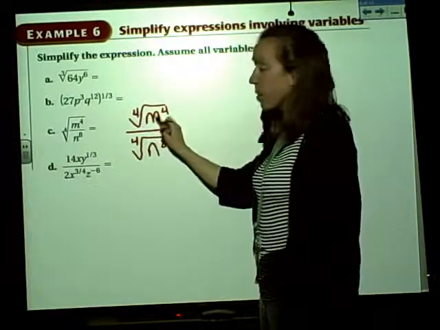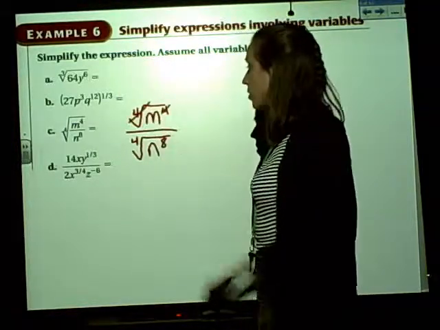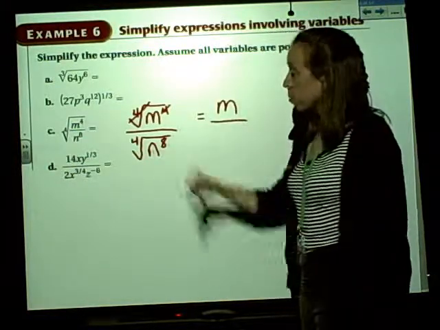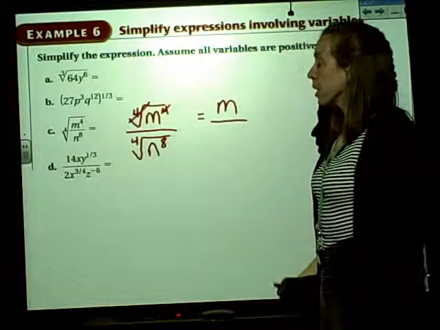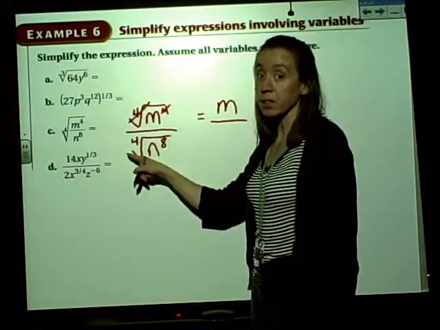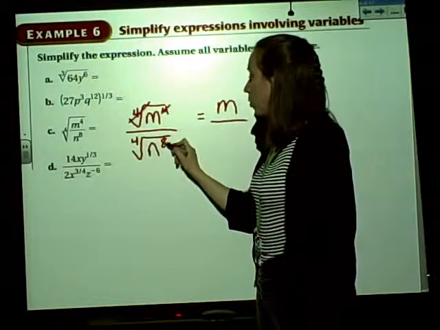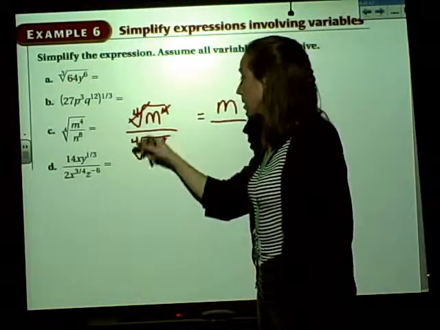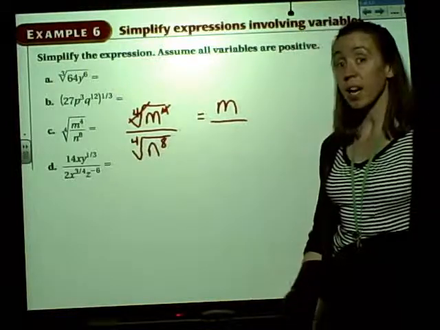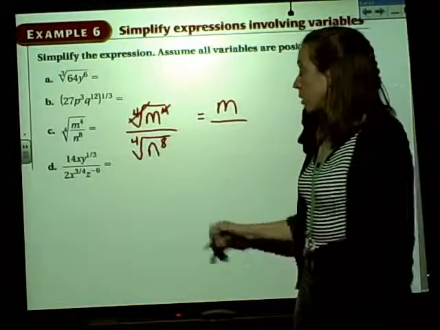The 4th root of m to the 4th, that's just going to cancel. That gives me m. Now for the bottom here, what we want to make sure is that our exponent, can we divide that evenly by 4, excuse me. We want to divide our exponent by that root. Since we can, 8 and 4 divide really nicely, we're going to do that.